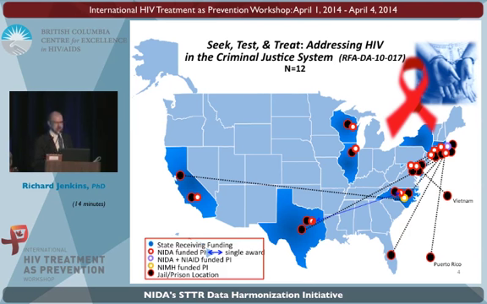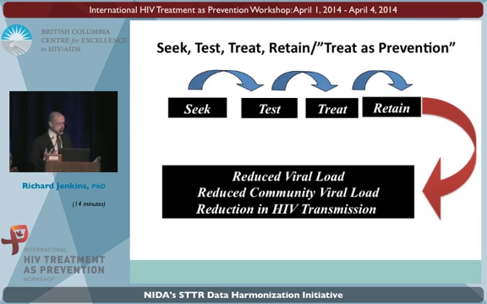This was our first attempt at doing this approach and beginning to bring together studies. This probably needs no introduction for people, but the seek, test, treat, and retain approach, the ultimate goal is to reduce viral load, reduce community viral load, and ultimately reduce HIV transmission.